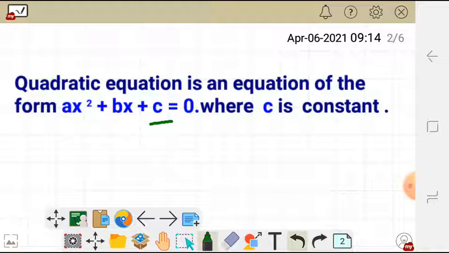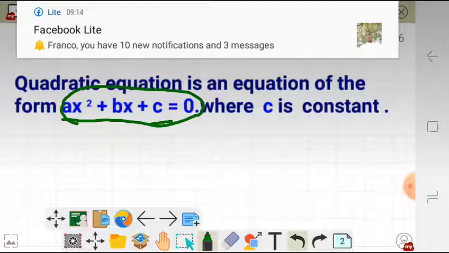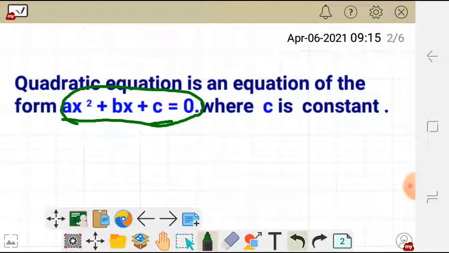Whenever you come across this kind of equation where the highest power is 2, just know that it is a quadratic equation, and you can solve it by factorization method, by using a formula, or by completing the square.